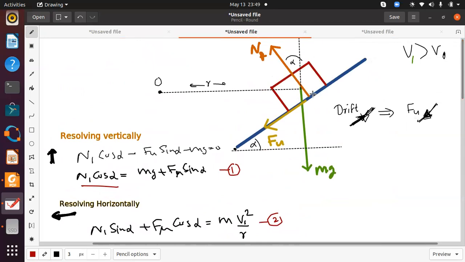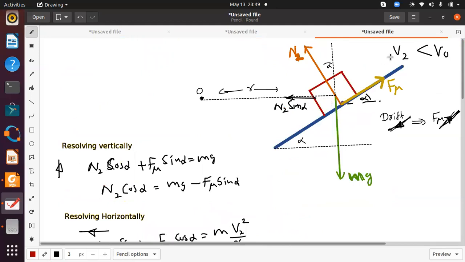There will be a drift in this direction. So to keep the car in the same track, there must be frictional forces acting in this direction. So there will be a component from the frictional forces acting towards the center of this circular path. So this will also come into play in addition to the horizontal component of the normal force. Okay, so both of them will govern the motion.